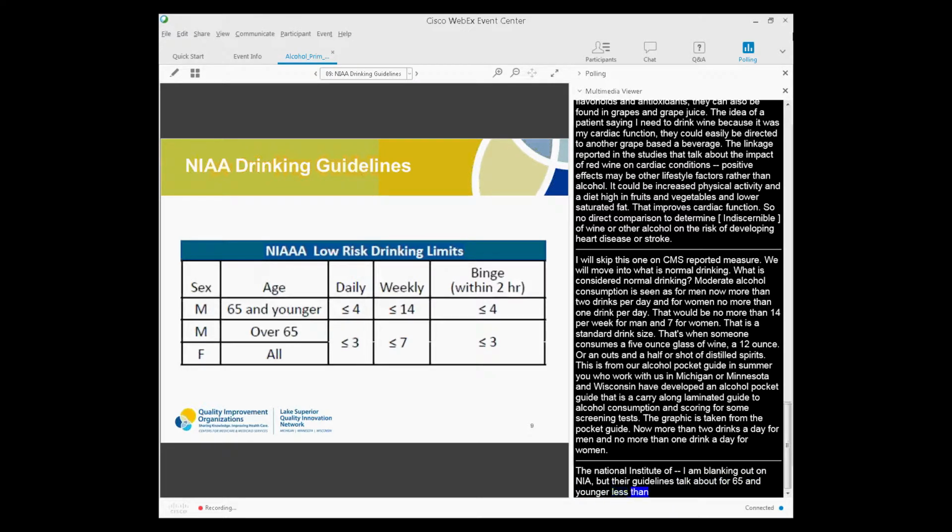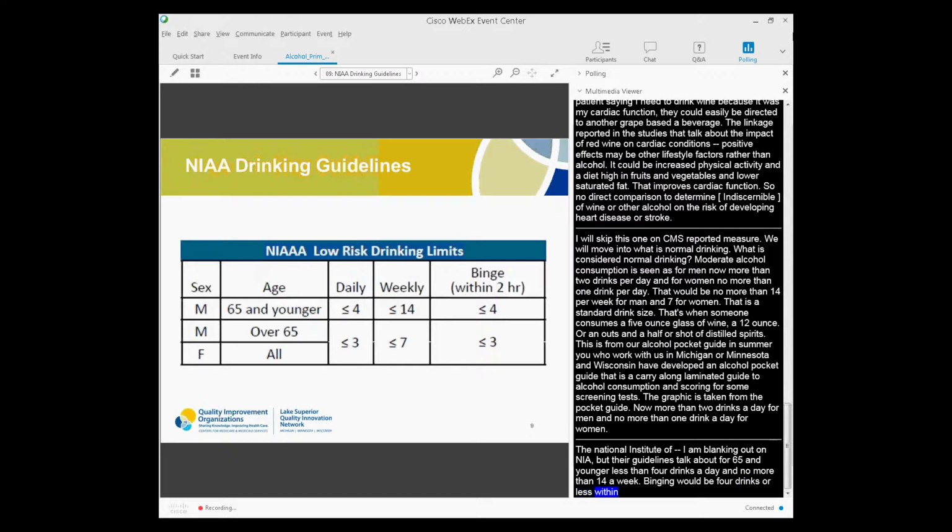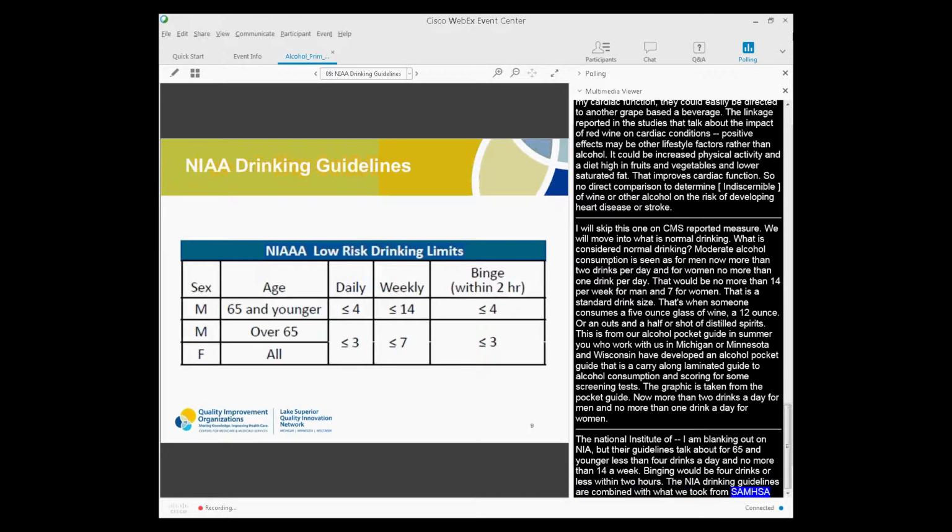And binging would be greater than 4 drinks within 2 hours. So the NIAAA drinking guidelines are kind of combined with what we took from SAMHSA, the no more than 2 drinks a day for men, 1 for women. So somewhere in between there is the moderate drinking.